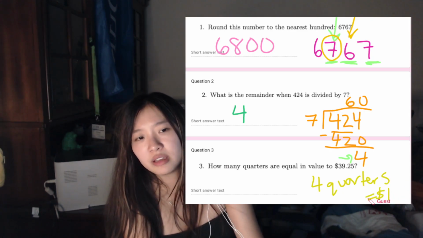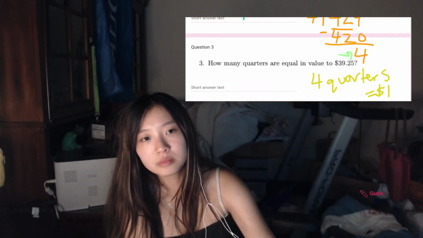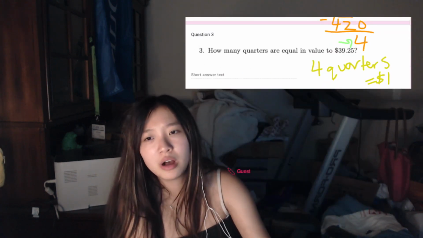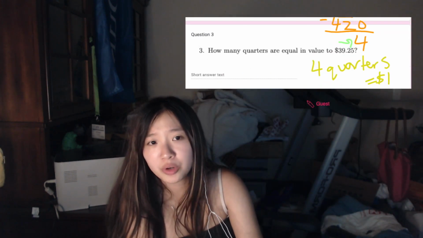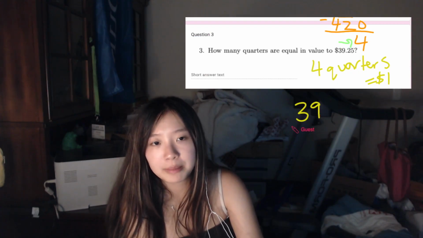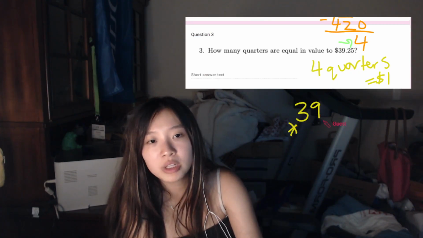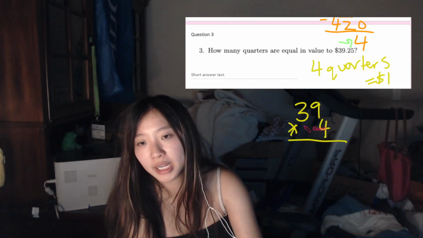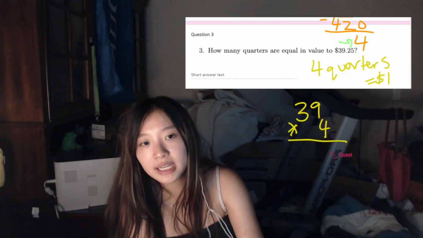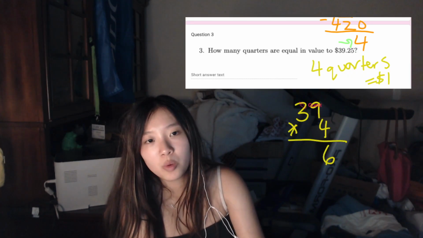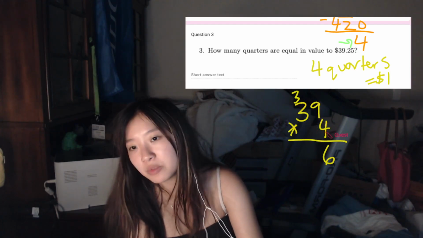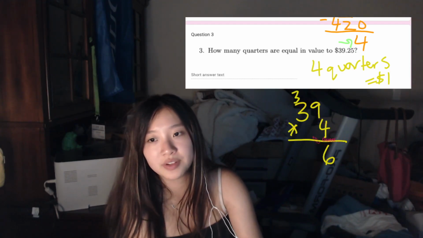So if we know this, I'm going to scroll. We know that 4 quarters equals $1. And we know that there's $39, then we can do 39 times 4. And I'm going to go really slow here because I know this can be tricky. 9 times 4 is 36 from our times tables. We carry that 3. What's 3 times 4? That's 12. 12 plus 3 is 15.